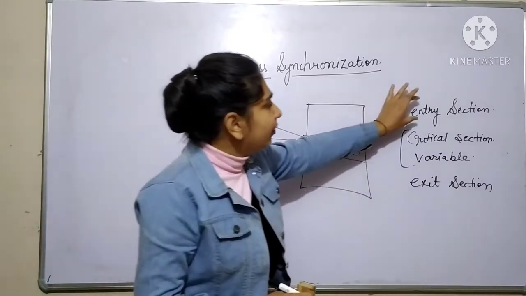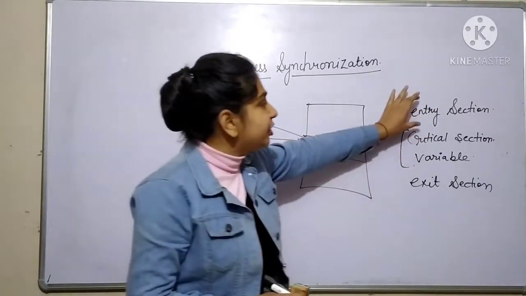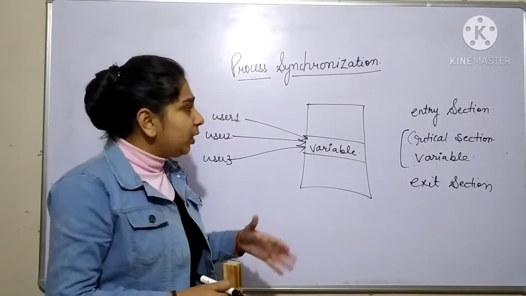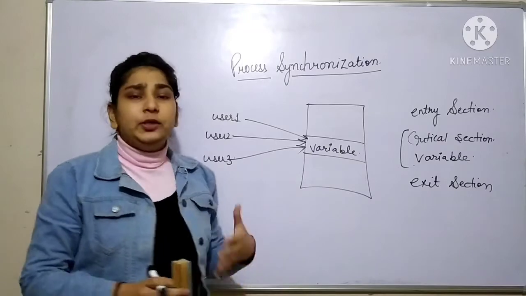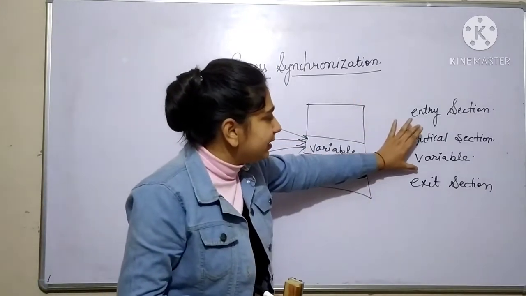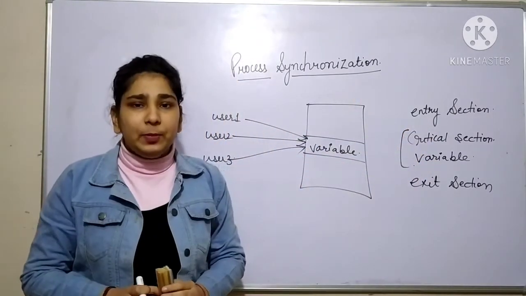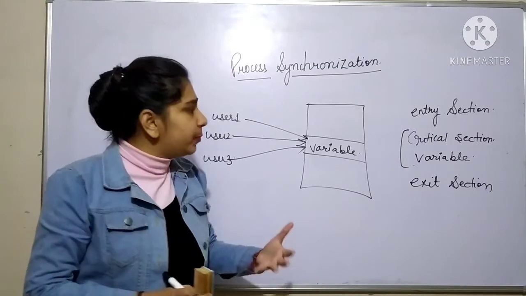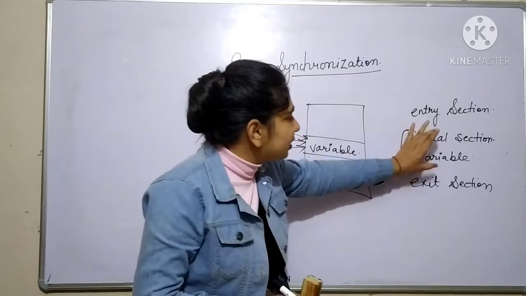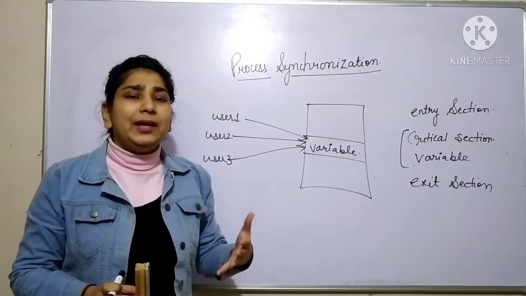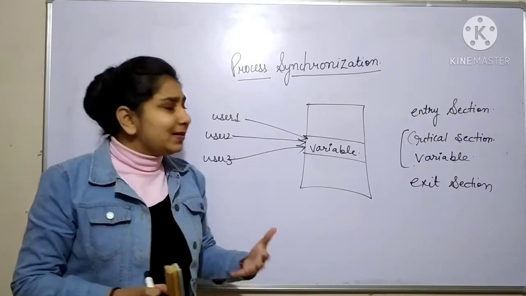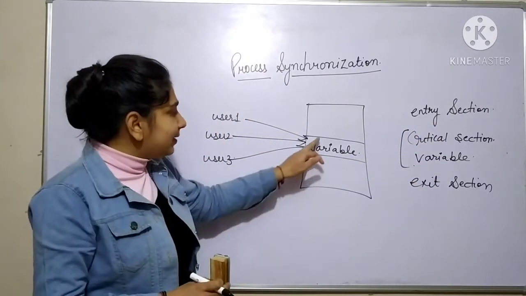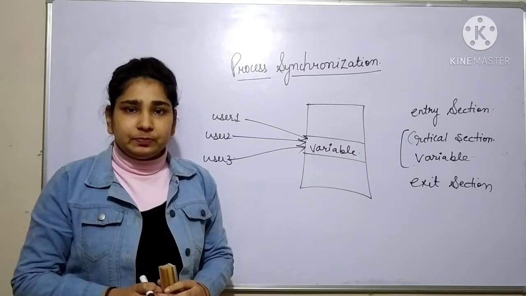We will be writing some conditions in the entry section, because we don't want all the processes to access this variable. We want to limit how many processes can access it. How can we stop multiple requests from entering the critical section to access this shared variable?